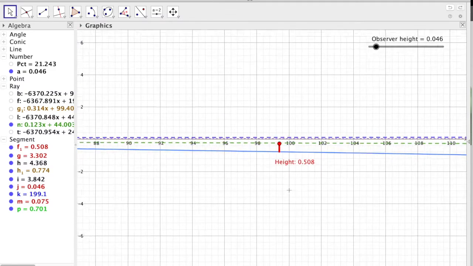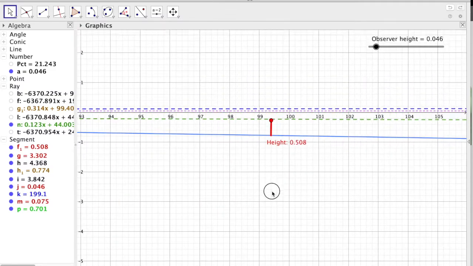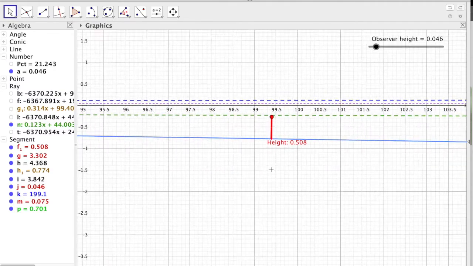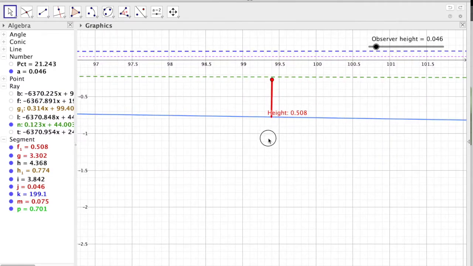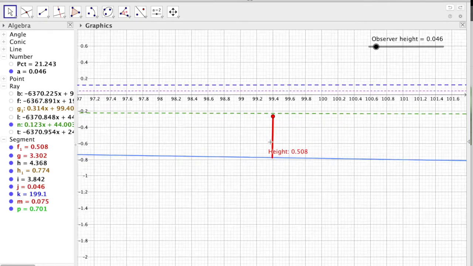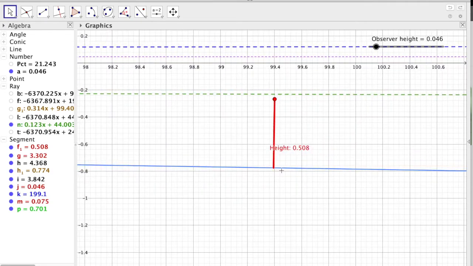And now we come to the other point of interest, the other obstruction or peak or bump at 99.4. Again, it's 99.4 kilometers along the surface, not the straight line. Again, they're fairly close.